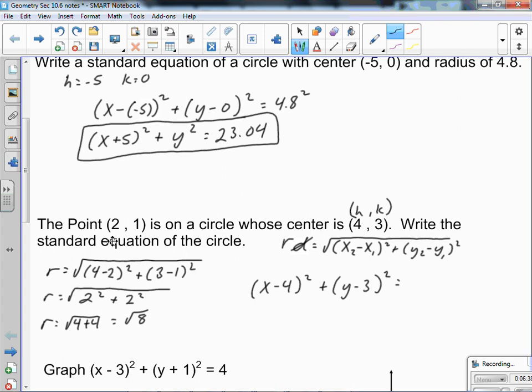And that's going to equal the radius, square root of 8, squared. So the final equation, (x minus 4) squared plus (y minus 3) squared equals, when we take the square root of 8 and we square it, the square just cancels out the square root. So we'll just have 8 there.